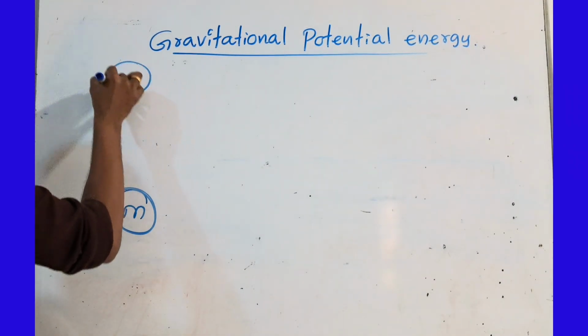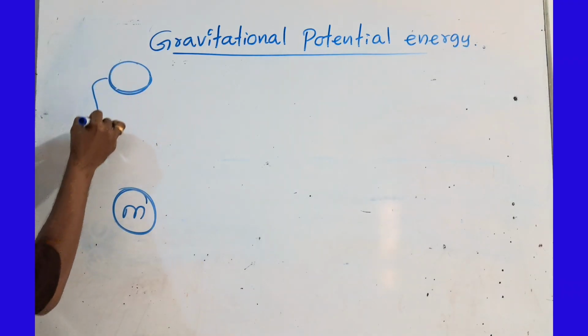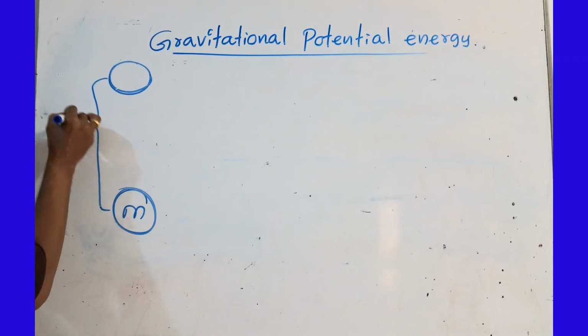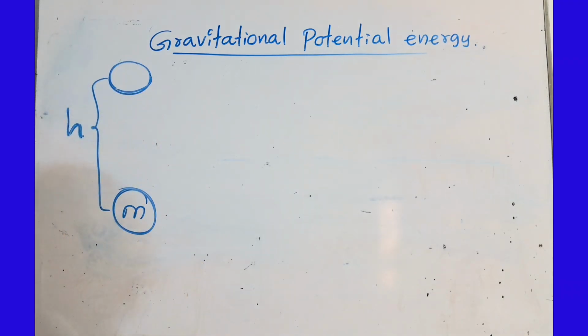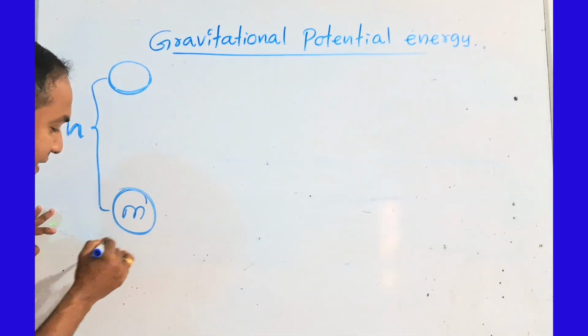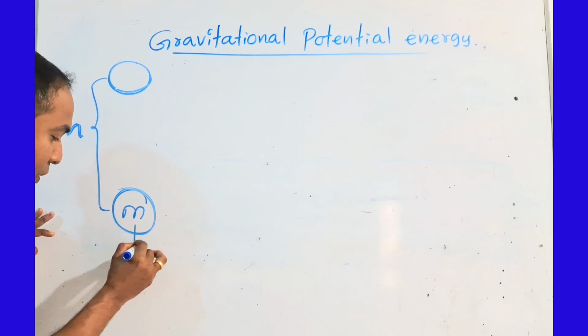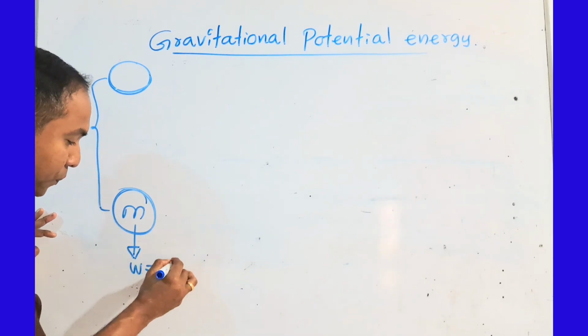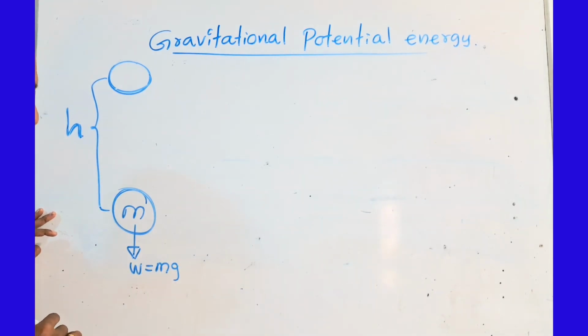We should lift this object up to a height of h meters. Then think: if the mass of the object is m, the weight of the object is mg, no? The weight of the object is mg.